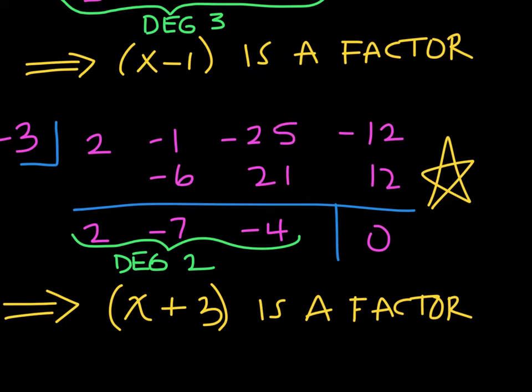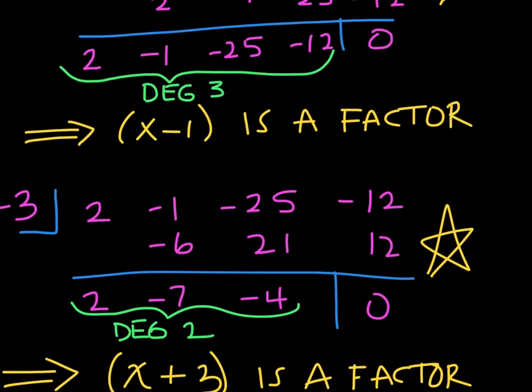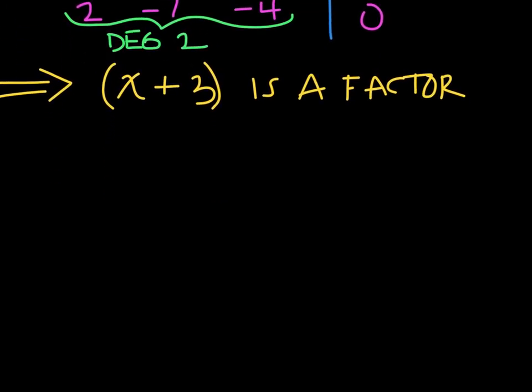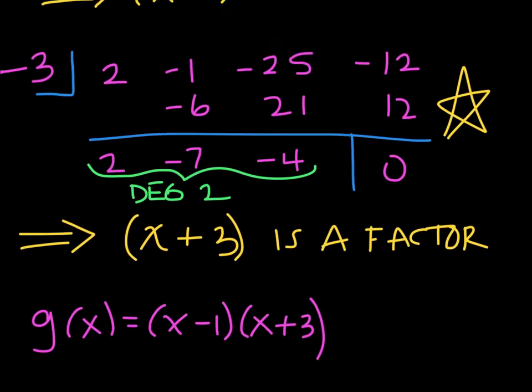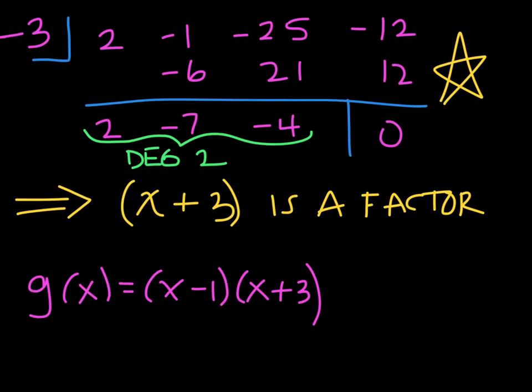All right, so let us now rewrite the function. g of x is equal to x minus 1 is a factor, x plus 3 is a factor, times this quadratic right here, 2x squared minus 7x minus 4.